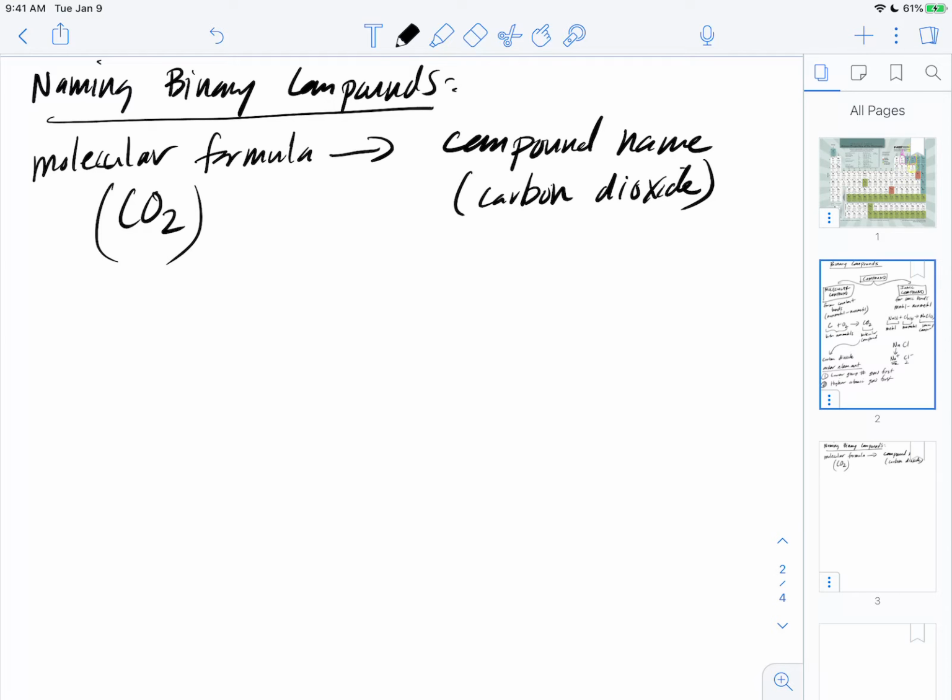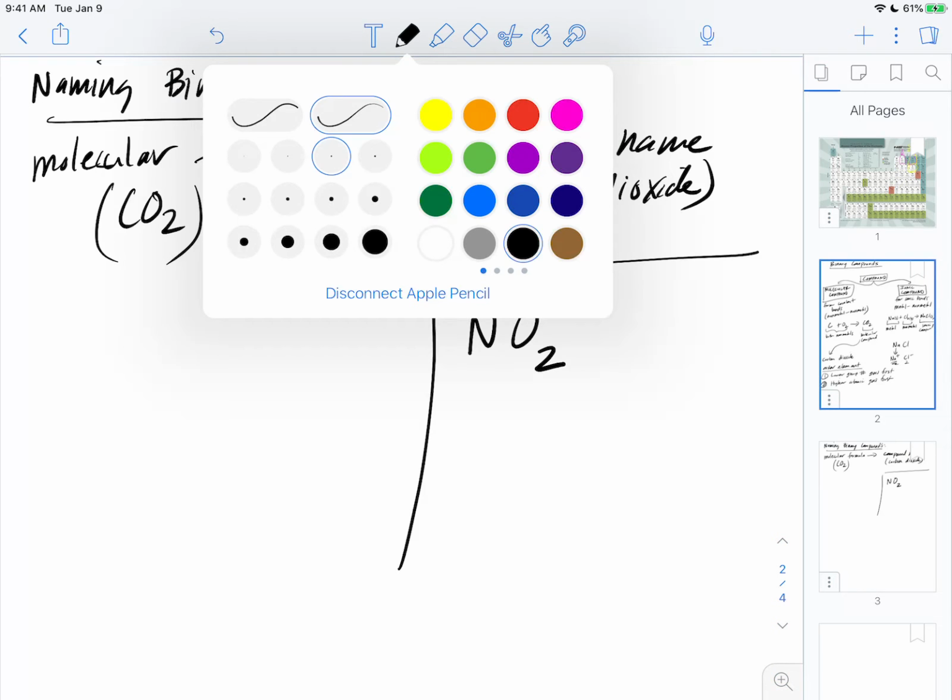So let's do an example over here. We'll do NO2. We'll have our little example here, and we'll have the rules on this side, and show how to use the rules. I'm going to do the rules in different colors.